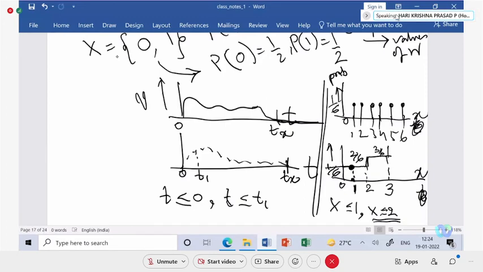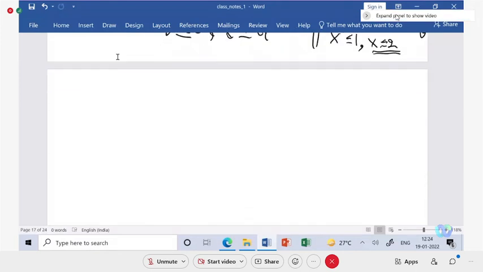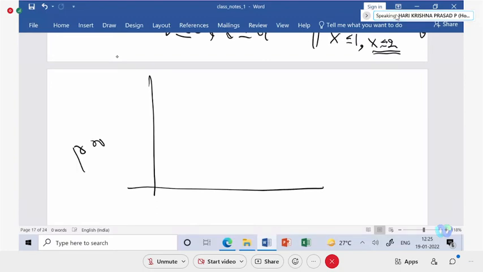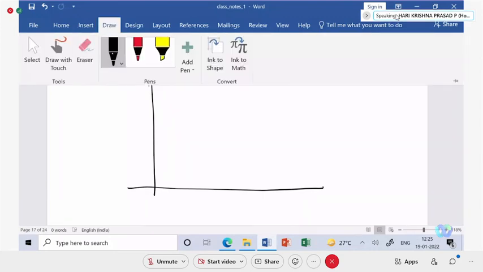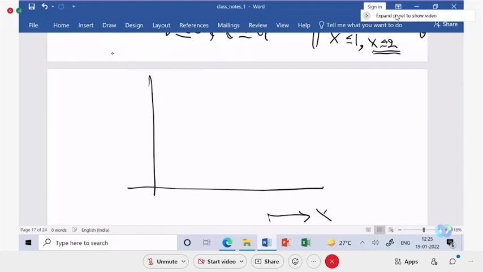Okay, let me draw that figure here. Probability along the y-axis, I will not label right now. I will label only the x-axis, values of the random variable X. When the random variable X takes a value of 1, I have a probability of 1 by 6.